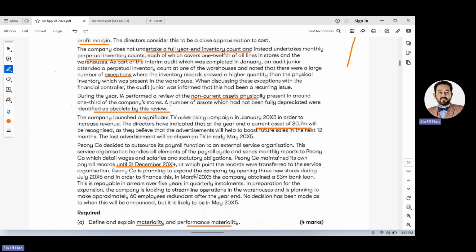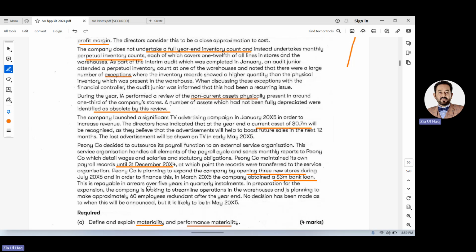Peony company is planning to expand by opening 3 new stores during July 20x5. And to finance this, the company obtained a 3 million bank loan in March. This is a control risk: there are chances of manipulation to meet the conditions of bank loan approval.